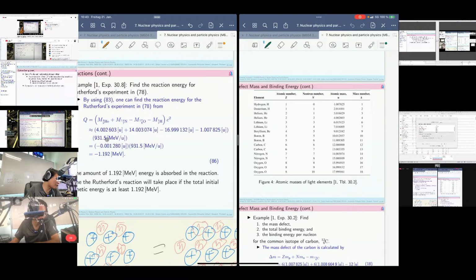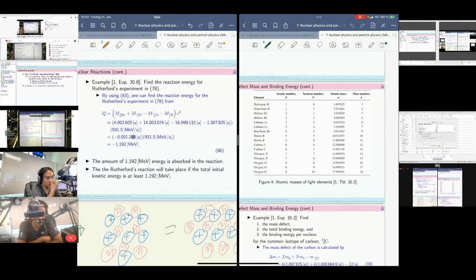What is that? It turns out to be a negative value. It means the outcome may have less kinetic energy than the input side. Once the mass difference is negative, it's no problem. Then we still multiply it by 931.5 megaelectron volts.